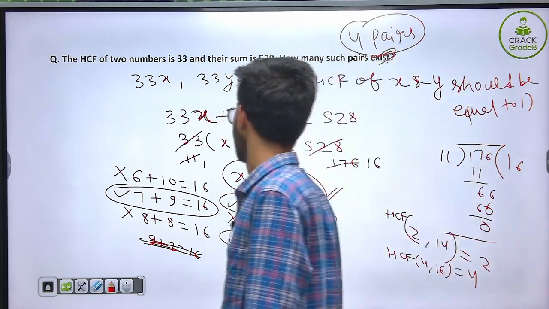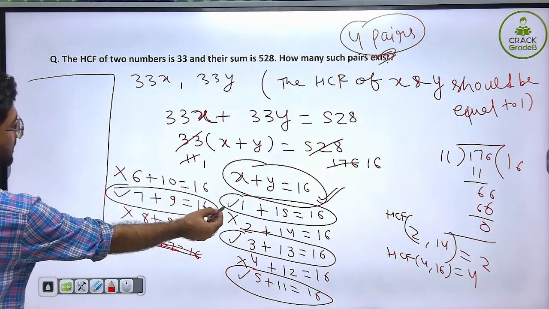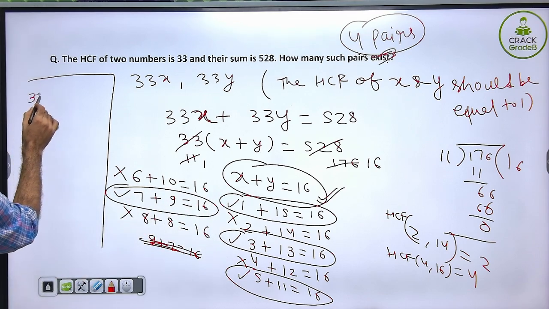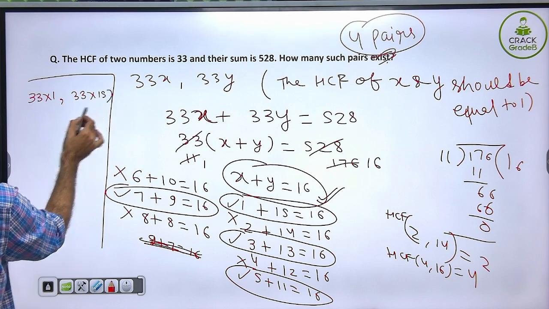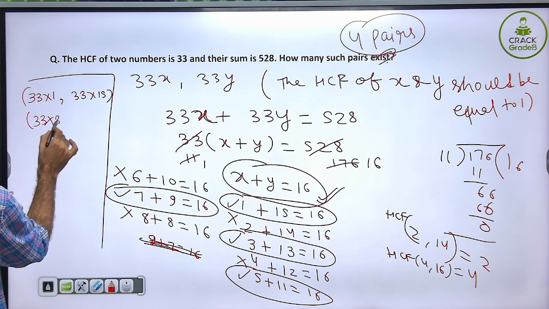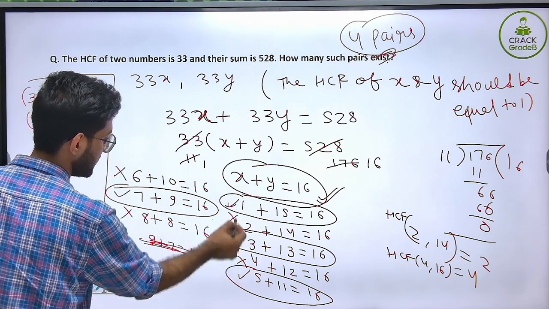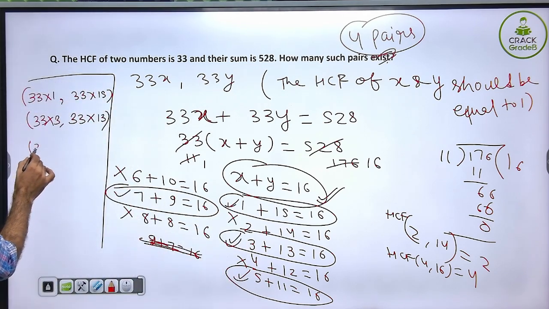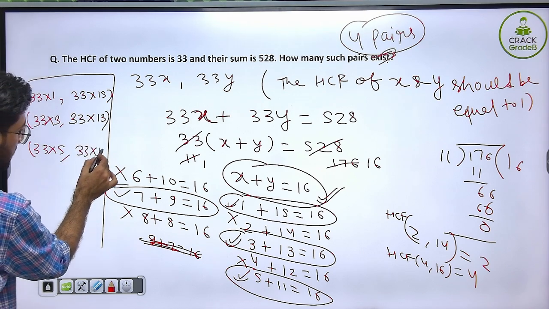See, if you are getting confused, you can assume what those 4 pairs of numbers are. We have accepted x equal to 1, so one pair is 33 into 1 and 33 into 15, right? Another pair is 33 into 3 and 33 into 13. Another pair is 33 into 5 and 33 into 11.